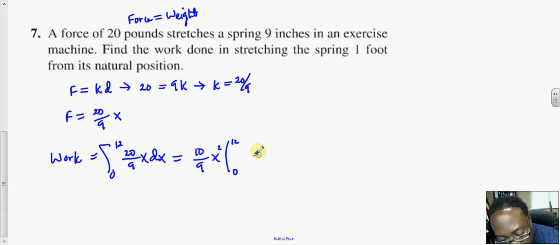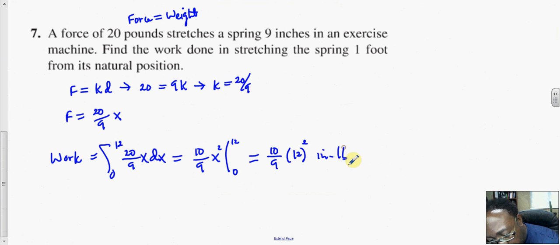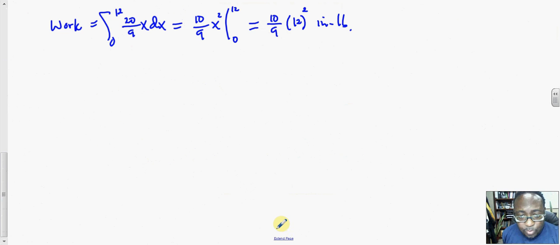So we have 10 over 9 times 12 squared, inches pounds. And we can simplify that.